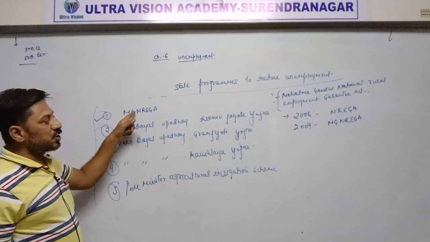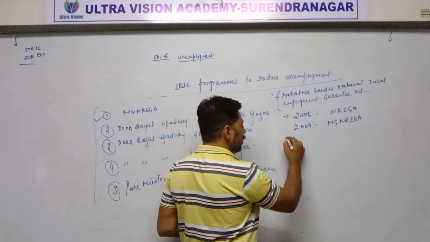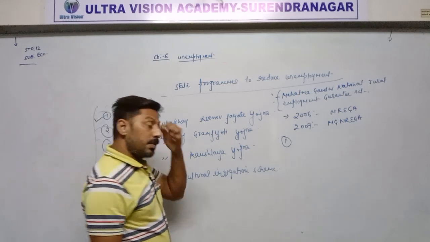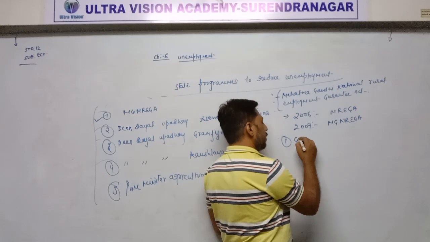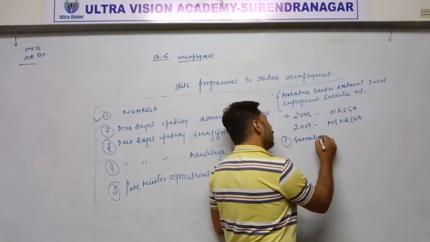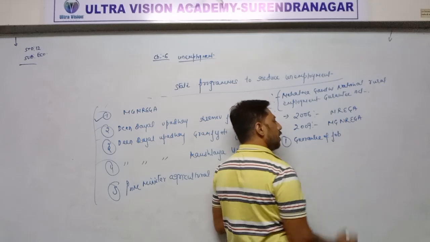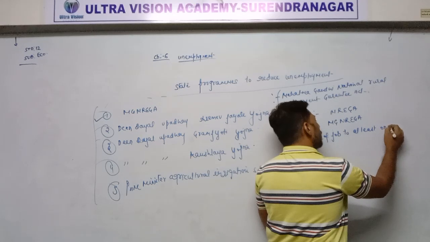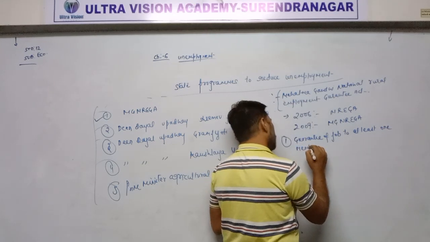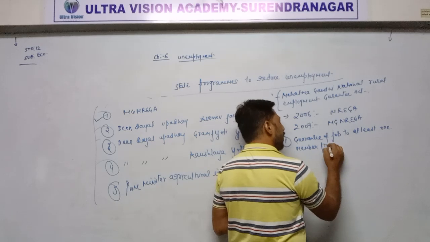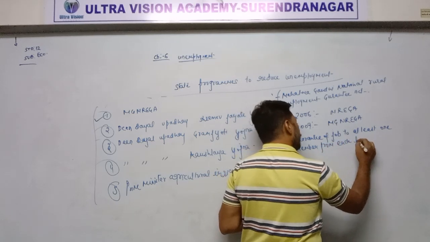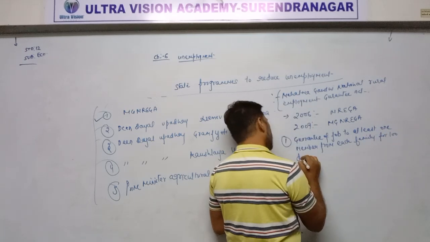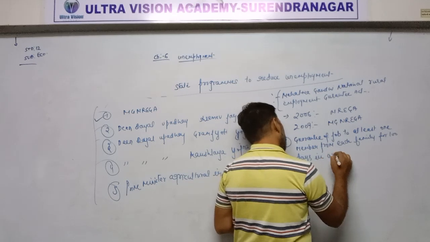According to MGNREGA, under this program, the first point, the government has given a guarantee of a job to at least one member from each family for 100 days in a year.